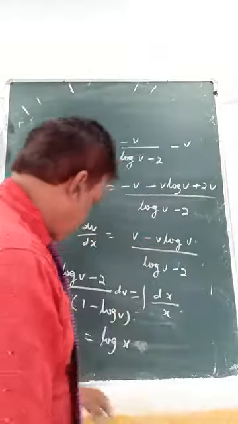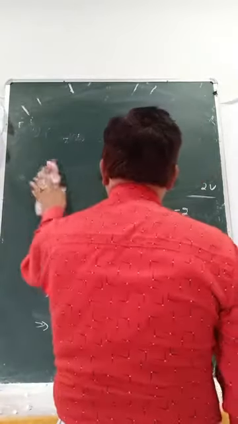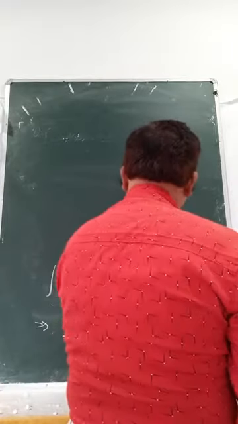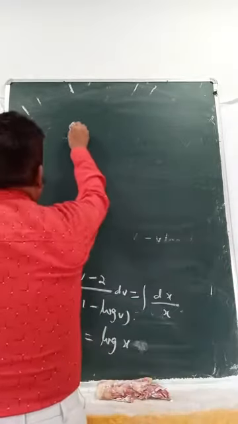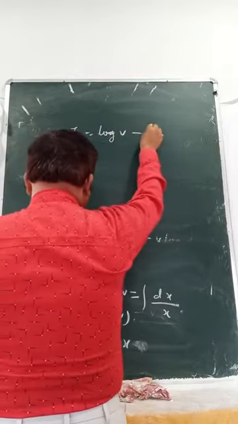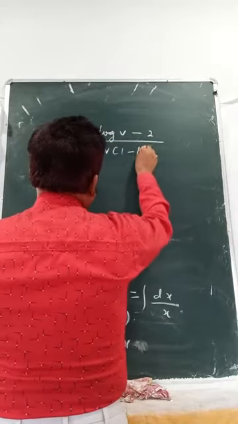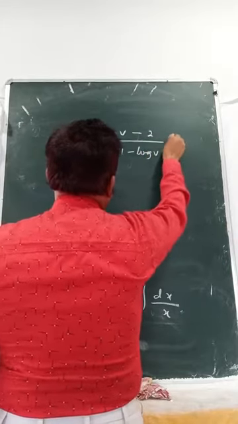Okay, so how to integrate I1, the integral of (log v minus 2) by v into (1 minus log v) dv.